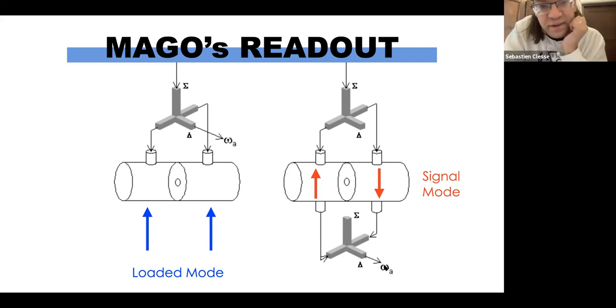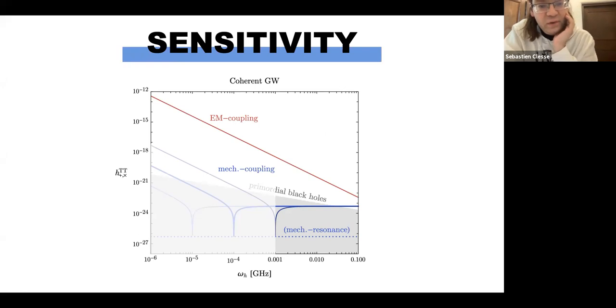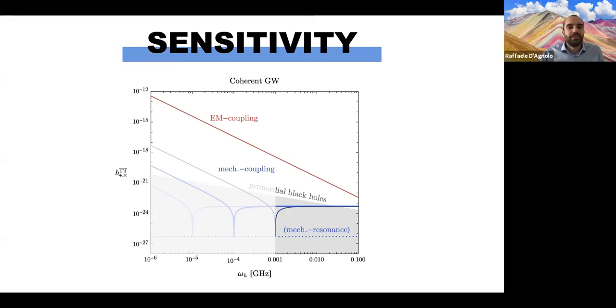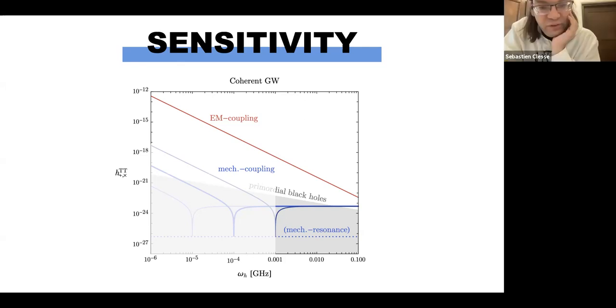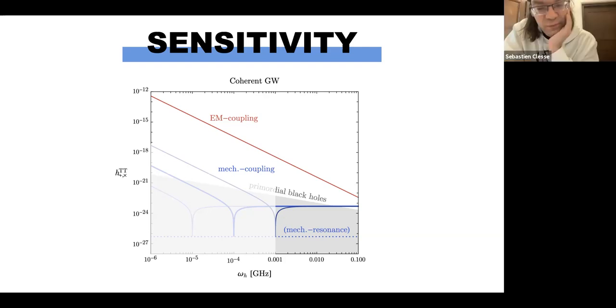Yes, a quick question. In the plot that you showed with the strain sensitivity, which design did you assume for the electromagnetic coupling curve? Which design, in what sense? You mean for the detector, because the line seems not to have the same frequency dependence as in the talk by Diego just before. In W, and here it decreases with W. Yes.